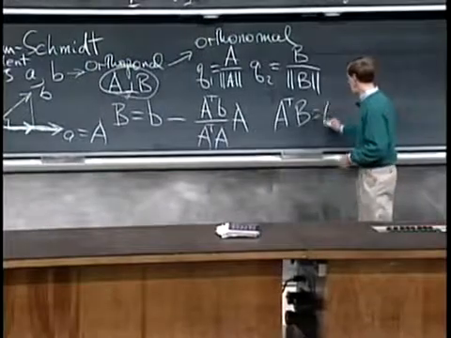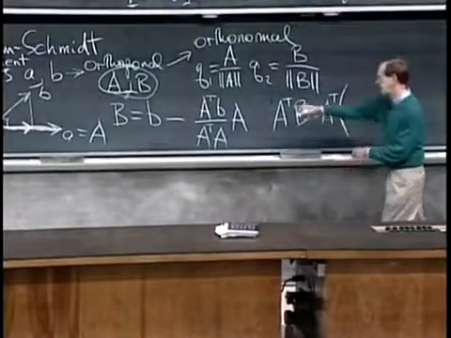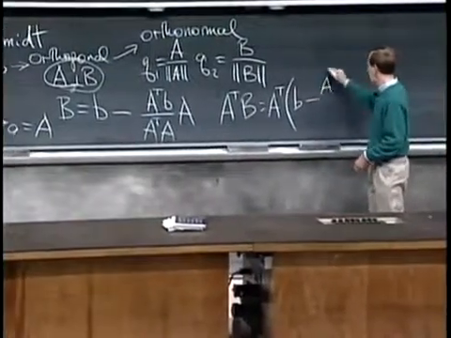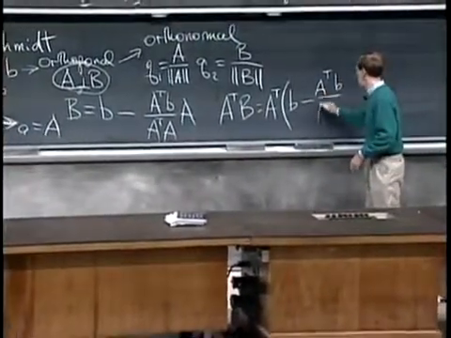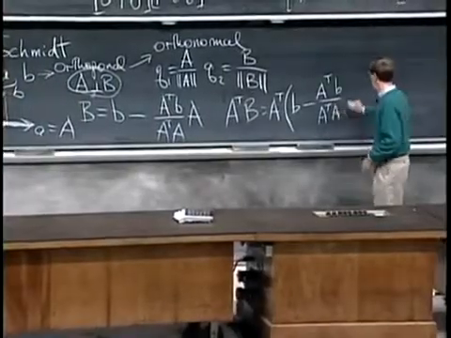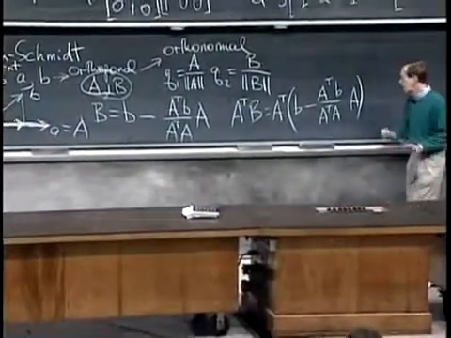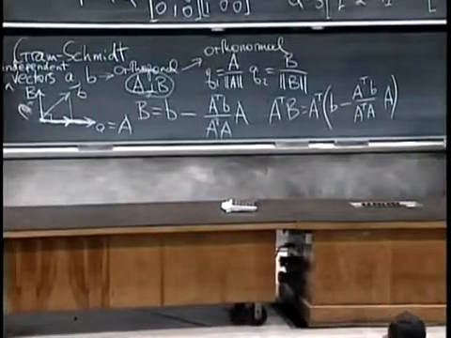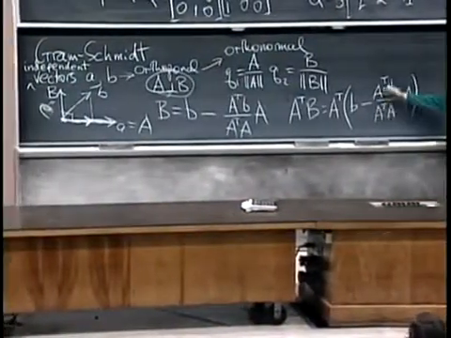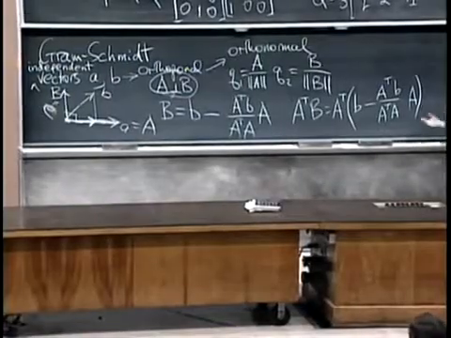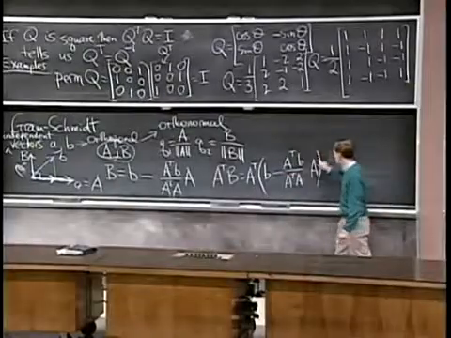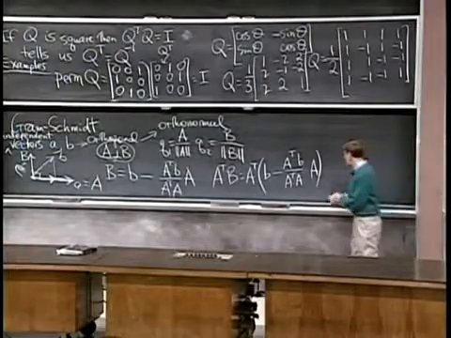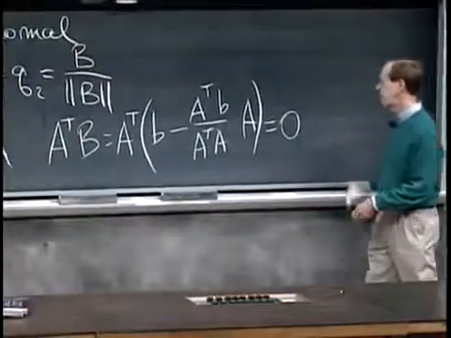What did we say B was? We start with the original B and take away this projection. Here we get an A transpose B minus another A transpose B, and it's A transpose A over A transpose A, a 1, those cancel, and we do get 0. Right.